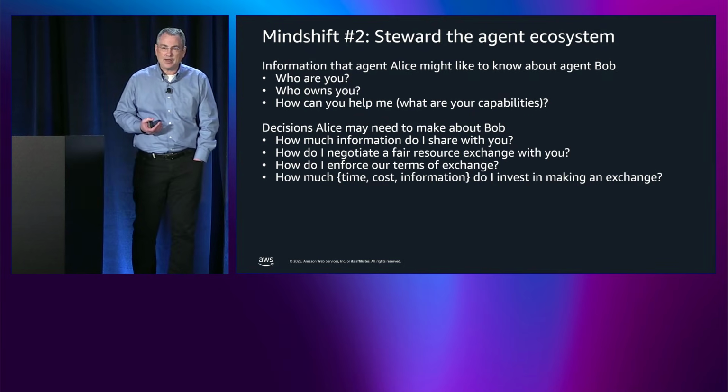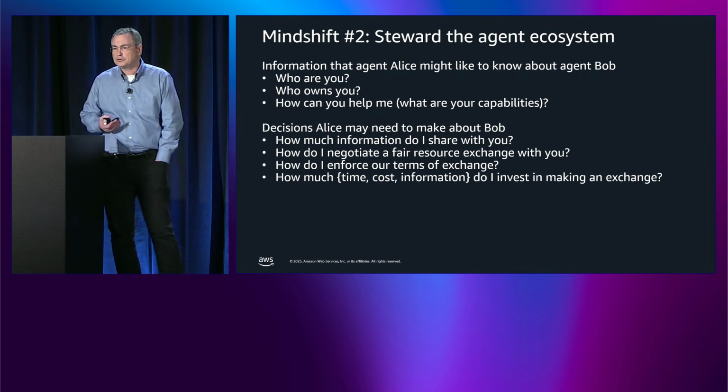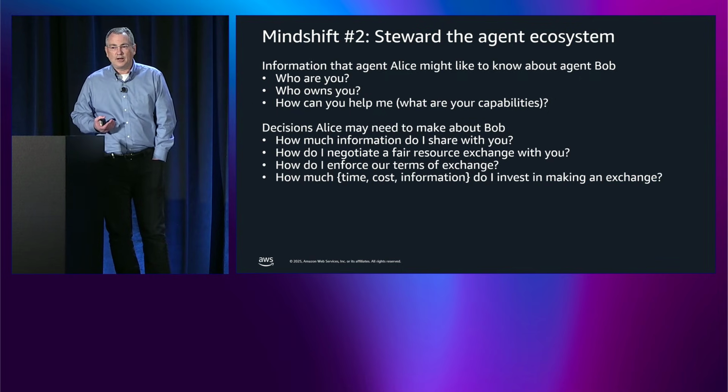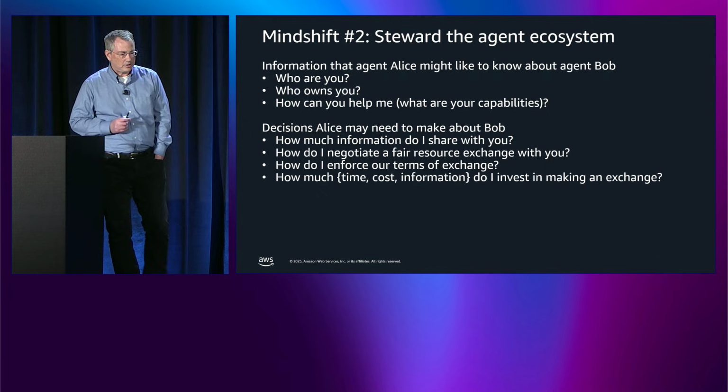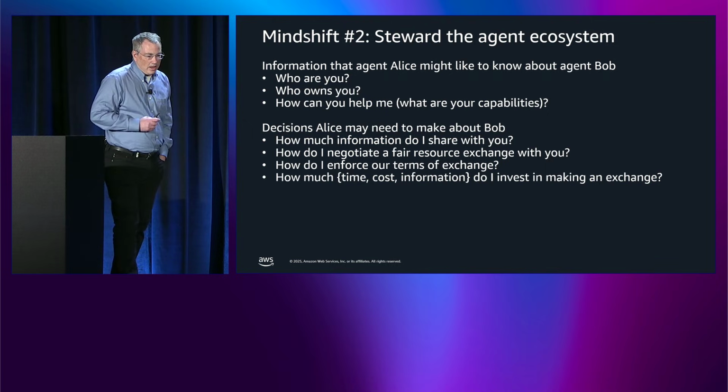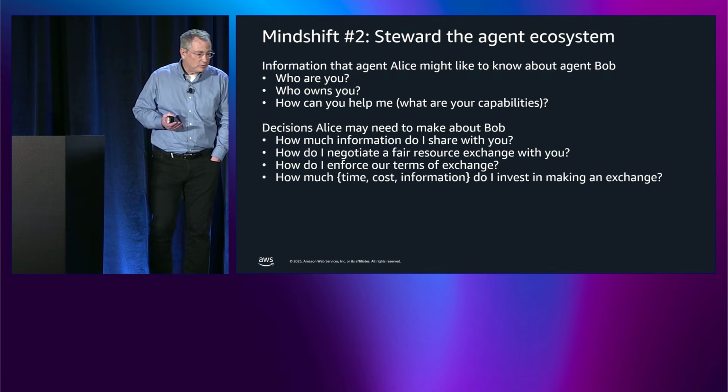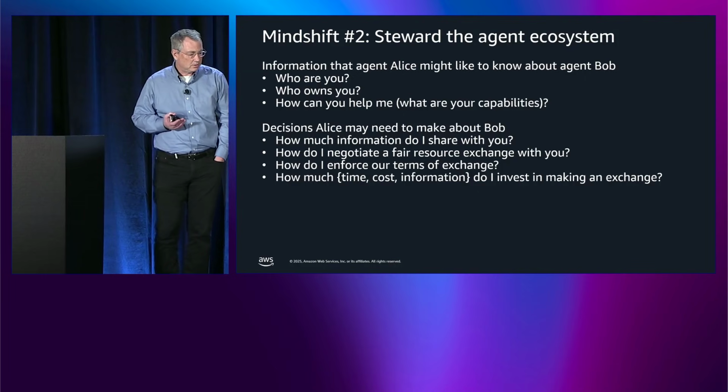Okay, so for example, if you're going to have a zero trust posture, right, is it like walking up to a counter at 7-Eleven and just buying it and walking off? Maybe not. Maybe not at all. How do you enforce the terms of the exchange?